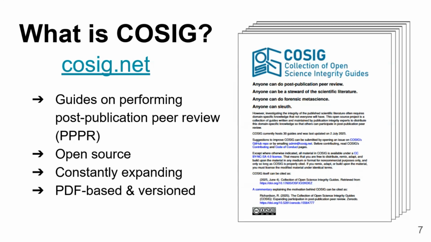You can find everything at cosig.net. If you're remote, I encourage you to start looking there now. I think you'll find a lot of interesting stuff. But if cosig.net should ever go down, COSIG will live on as an open source software project. It'll be distributed as widely as possible.